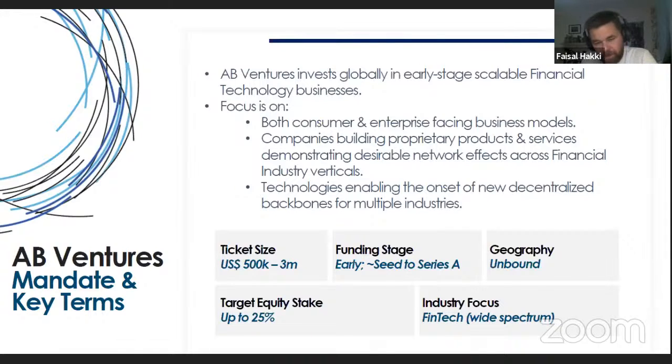Now, one last parting point on cap tables before I do this shameless self-promotion on AB Ventures is that not all businesses are venture backable or venture investable, and not all non-venture investable businesses are bad businesses by nature. And for me, the key differentiator between something that is venture investable and something that is not, people might differ with me, but the key differentiator for me is their ability to scale.